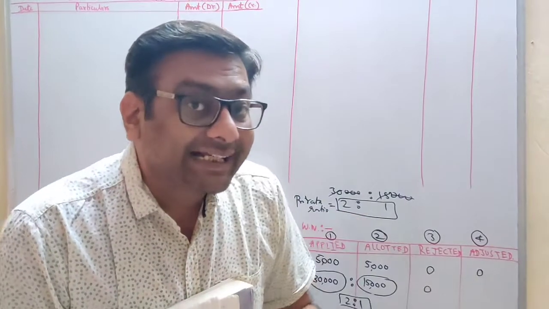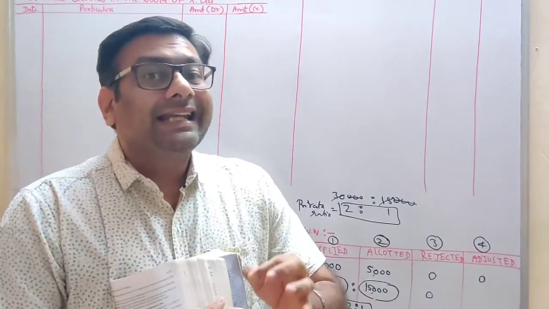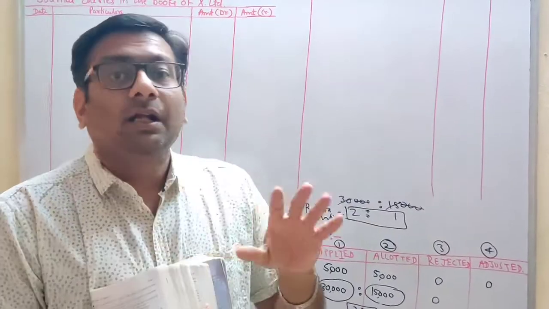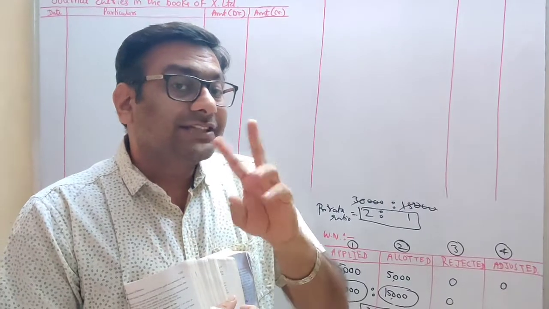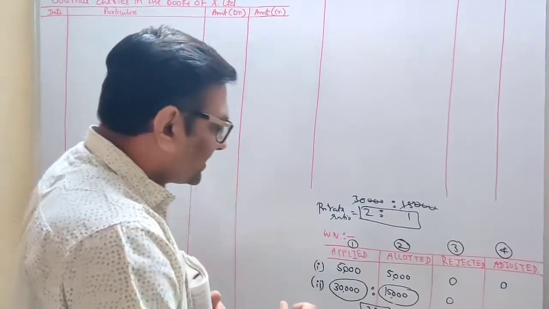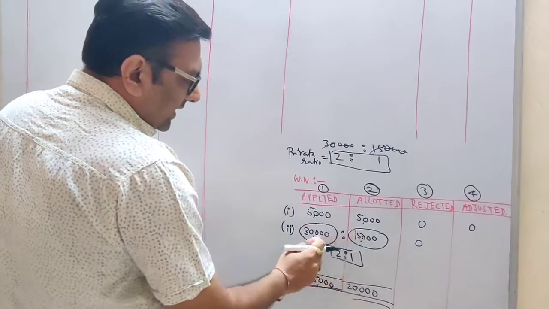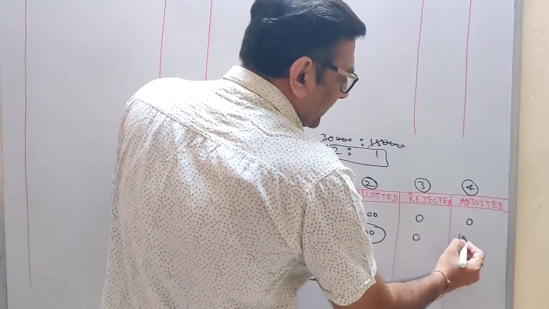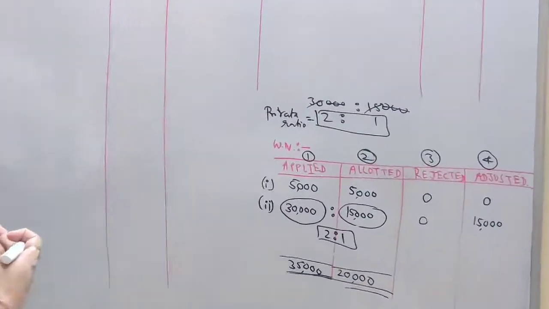If it is completely rejected, then only you will write in column number 3. In case of partial allotment, never write anything in the rejected column. You have to adjust the remaining shares. So in this case, students, if you see the table, what are the remaining shares? 15,000. This you will have to adjust. So you will write in the adjusted column.